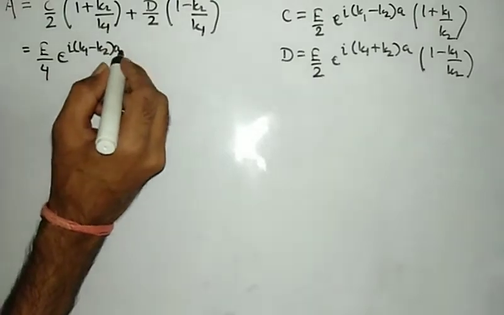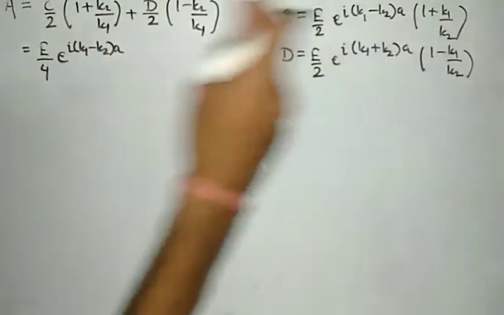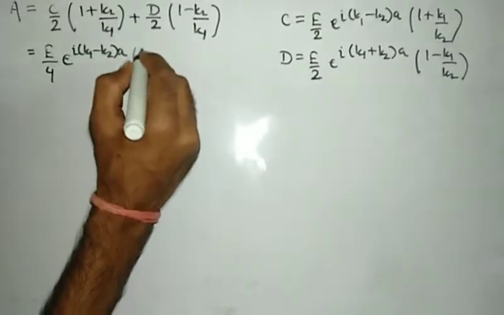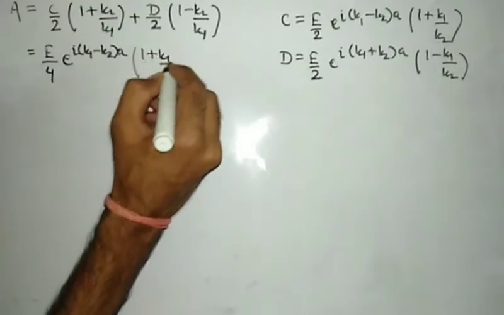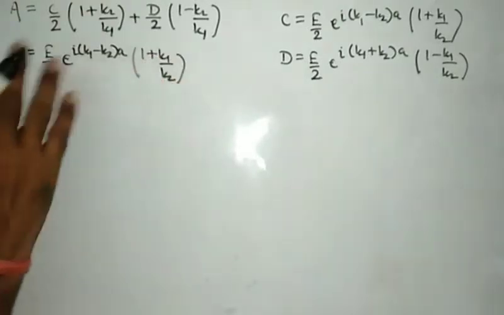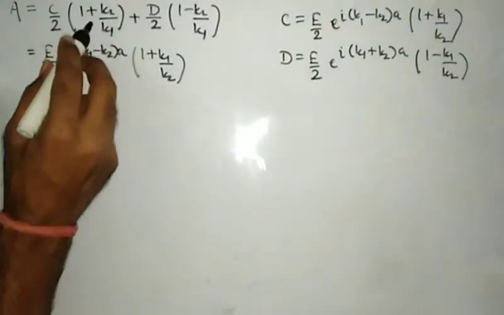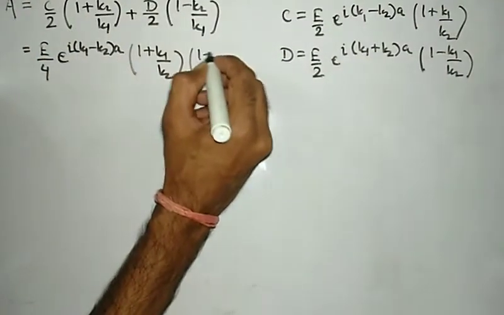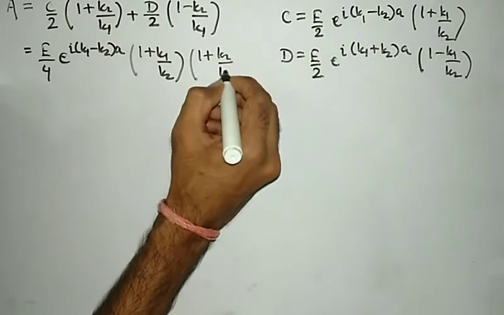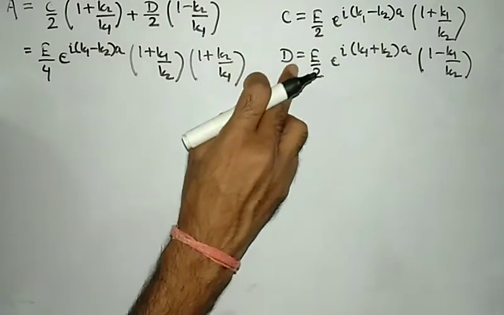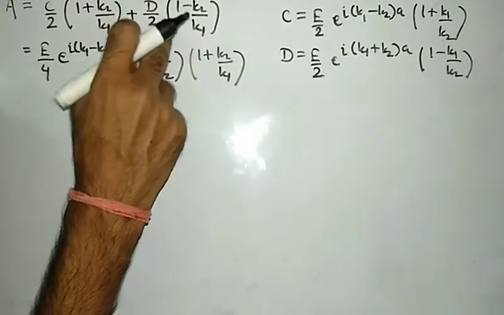Now this term and this term: 1 plus k1 upon k2. We have put in the value of c, and on this term also 1 plus k2 by k1, and as same we will put d here also.